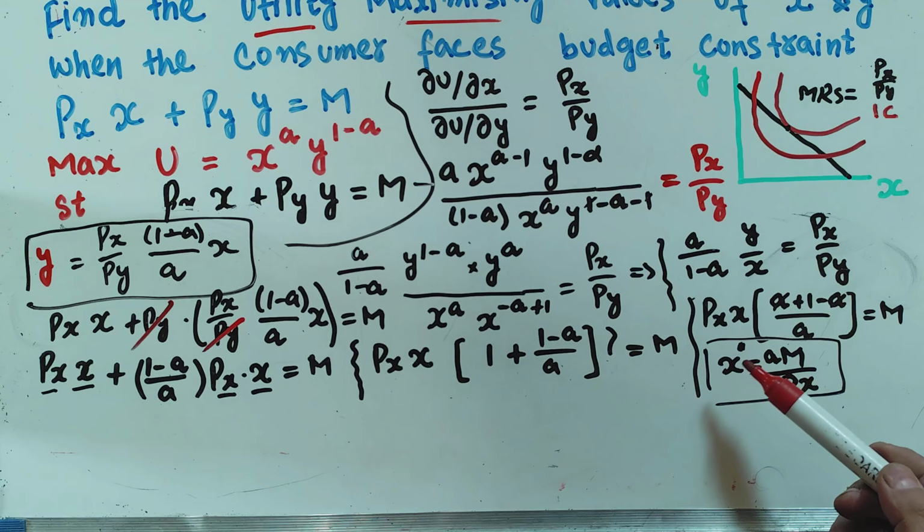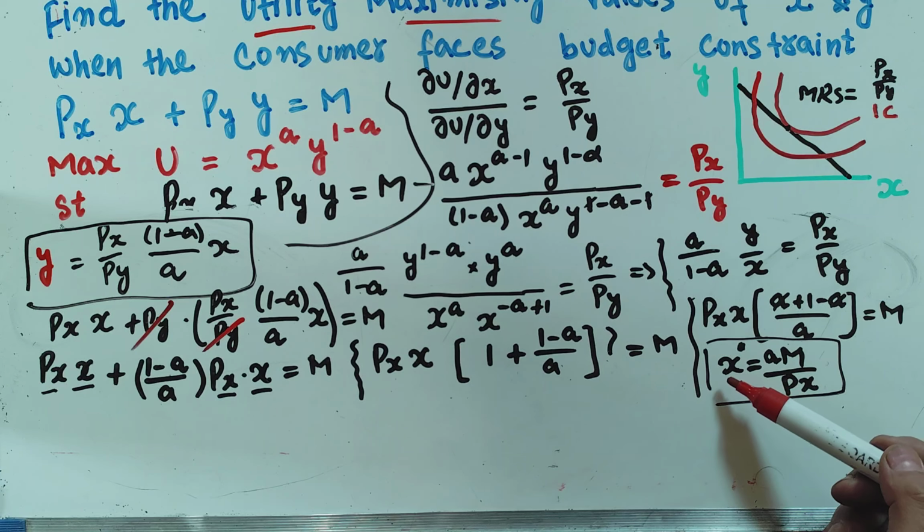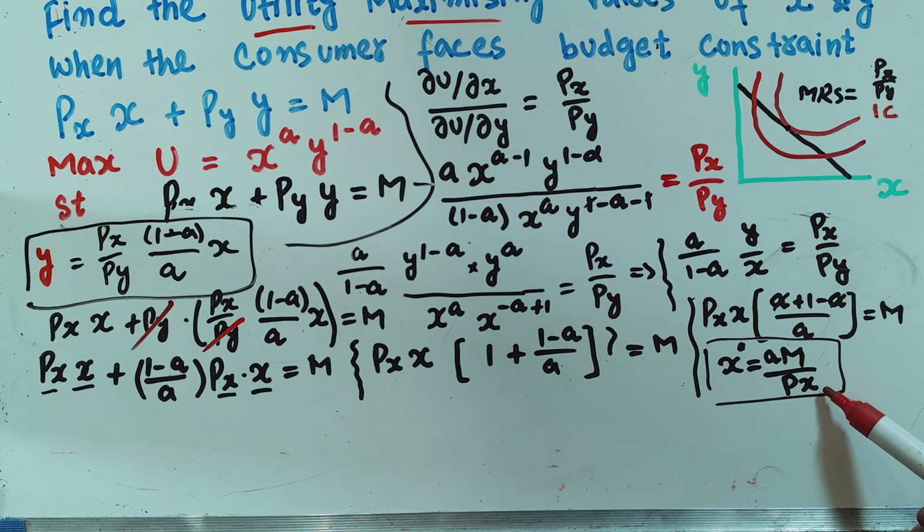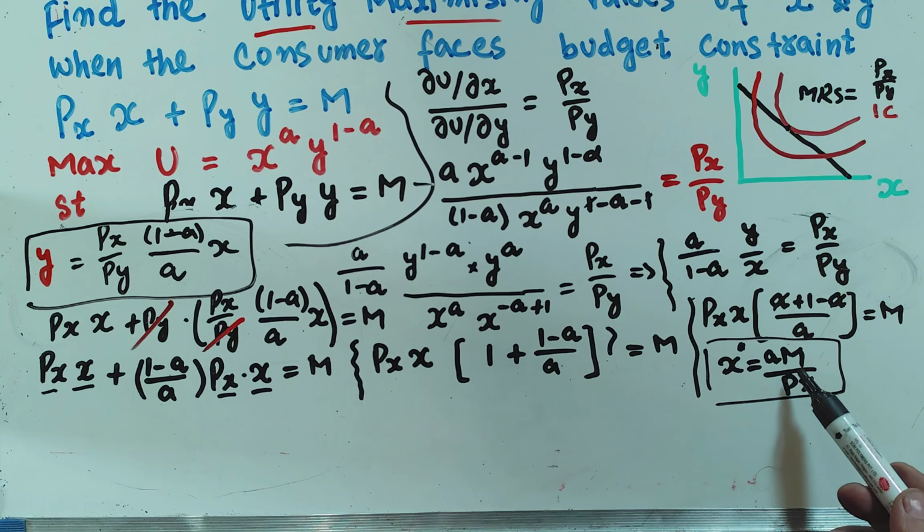Here you can see x, that is the demand for good x, is a function of income and price. To find the value of y, we plug x equal to this stuff.